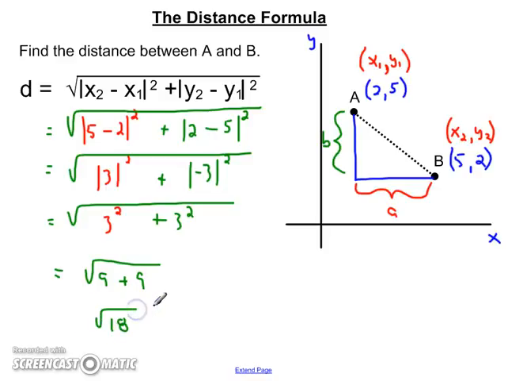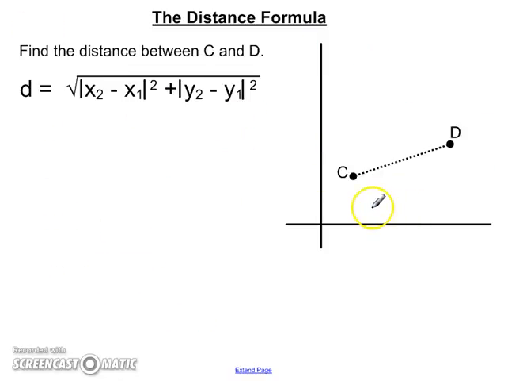And so now, if I take the square root of 18, it is approximately 4.2 units long. So the distance between A and B is approximately 4.2 units.